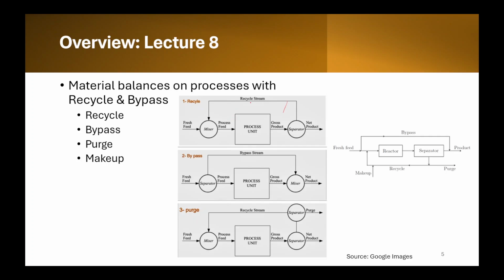It has the recycled reactant and the fresh feed, and goes into the process unit or the reactor. The effluents coming out of the reactor may also have unreacted reactant, which goes through the separator. We get the net product, and most of the unreacted reactant is separated and recycled again. So this cycle continues.